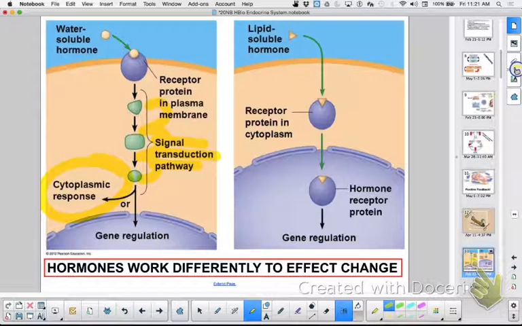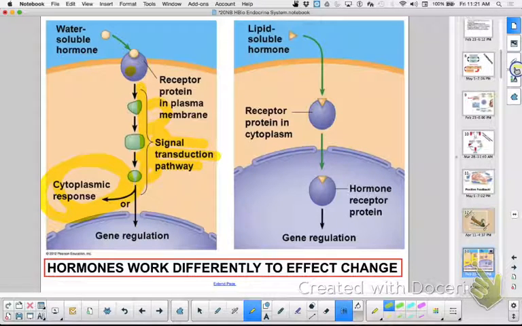Okay? So this process can be the same in most cells. What's different is the receptor. The same metabolic pathways occur in all cells, but what triggers that metabolic pathway depends on the receptor. What triggers that receptor? A what? Hormone.